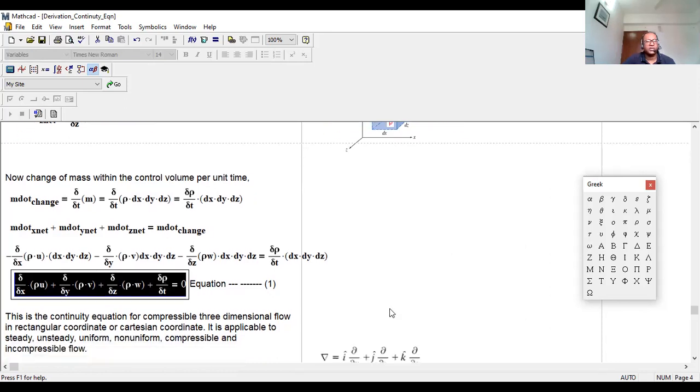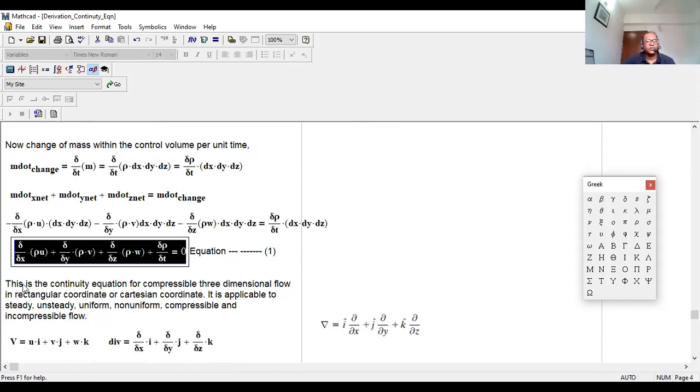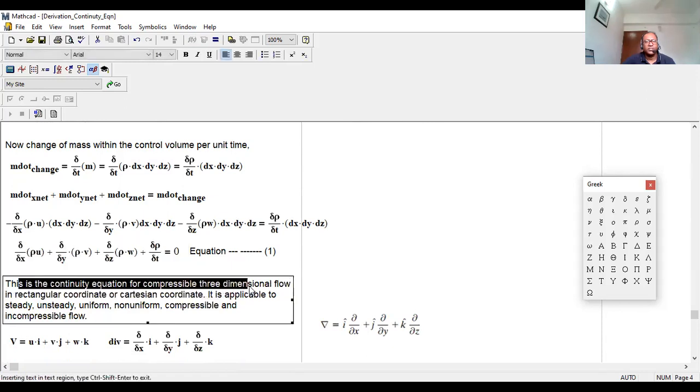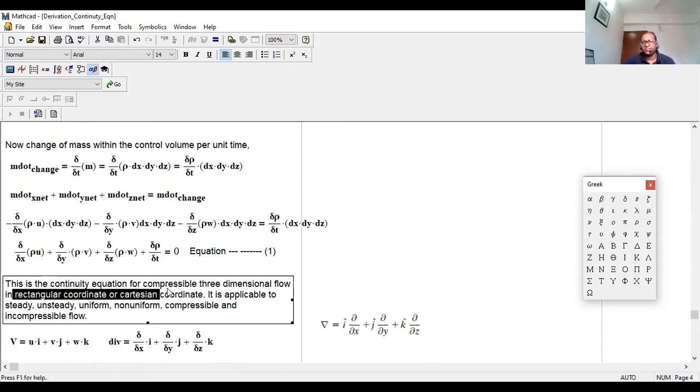This equation is called the continuity equation for compressible, three-dimensional flow in rectangular coordinates. And similarly, you can figure it out for cylindrical or spherical coordinates.